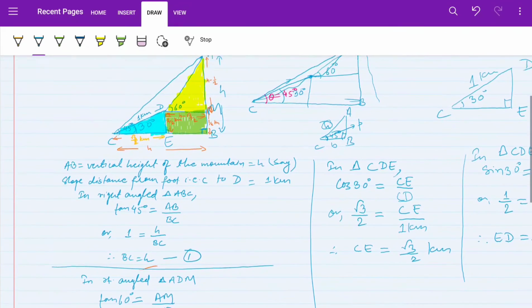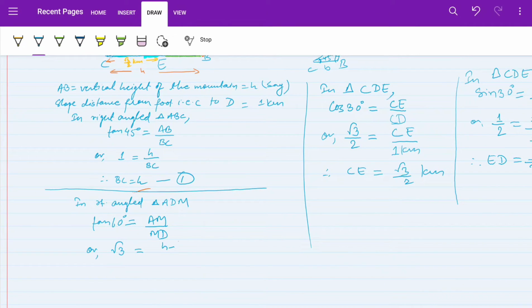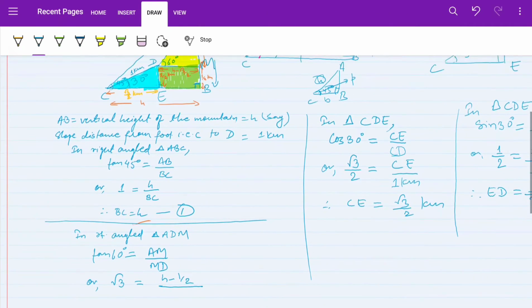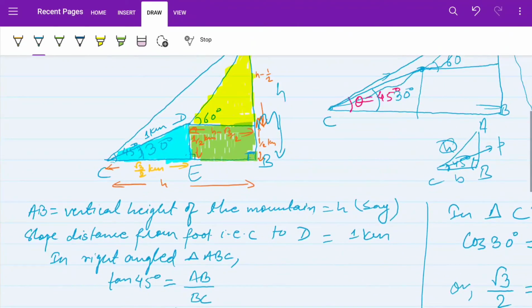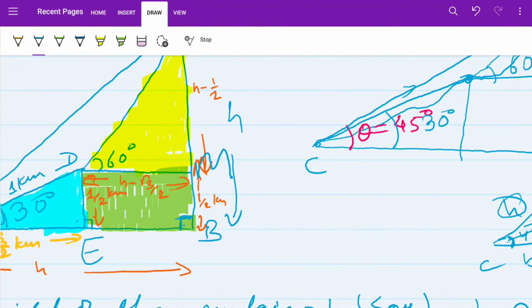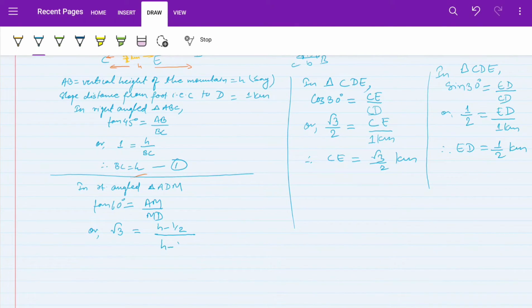And AM, from this diagram we see AM is H minus 1 by 2. So H minus 1 by 2 here. And MD here, MD is H minus root 3 by 2. This distance here MD, H minus root 3 by 2. So now let's do simple mathematics here.